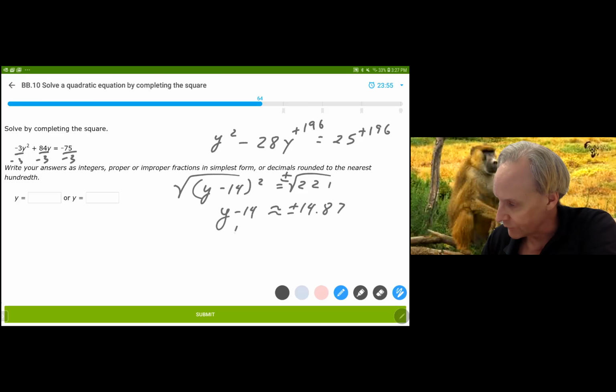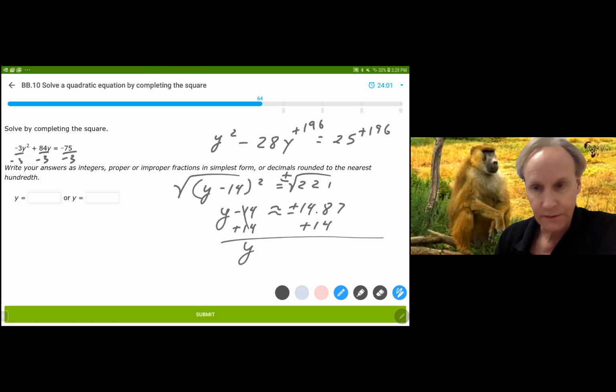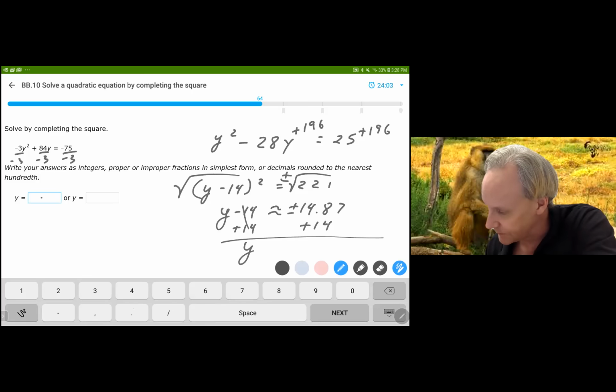And we are adding 14 to both sides to get our y by itself. And it looks like we're looking at 28.87. And for the negative part, we get negative 0.87. Oh, dang it.